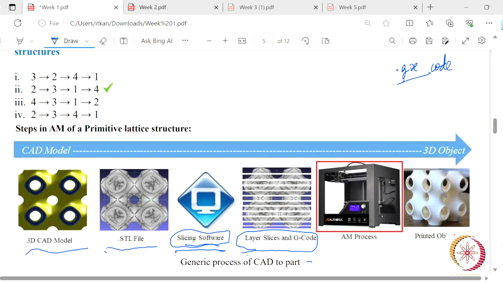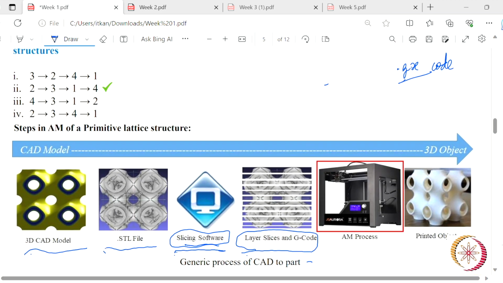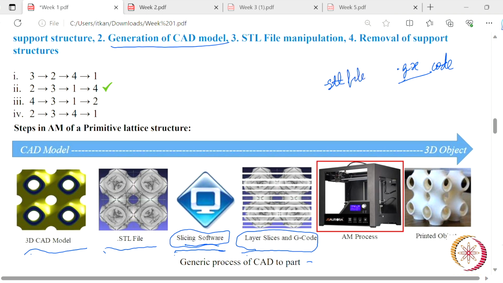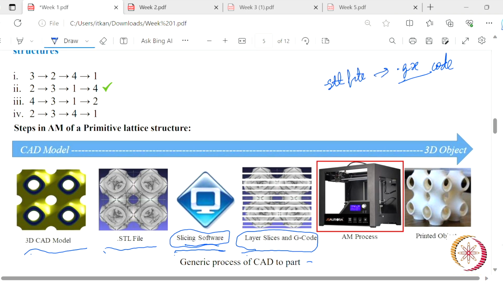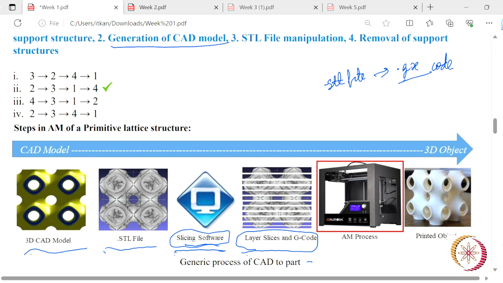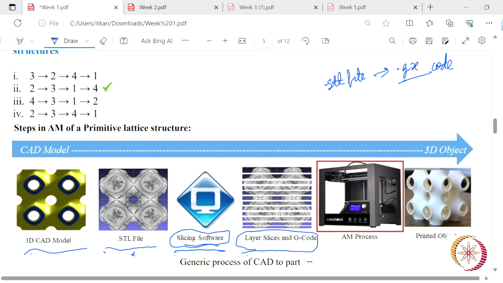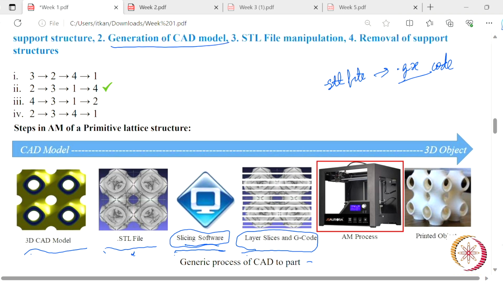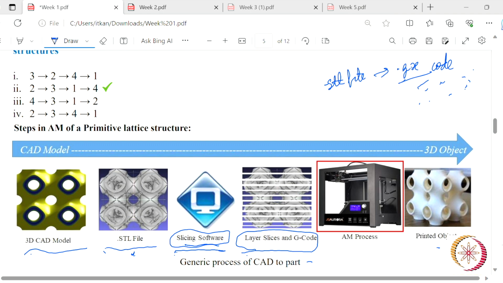So the software will convert the file from .stl to G-code. Now G-code is nothing but the conversion of the triangles or facets in an STL file into a manner describing how the printer will move from each point to generate the structure. Okay. So in the additive manufacturing process, this printing will be done.